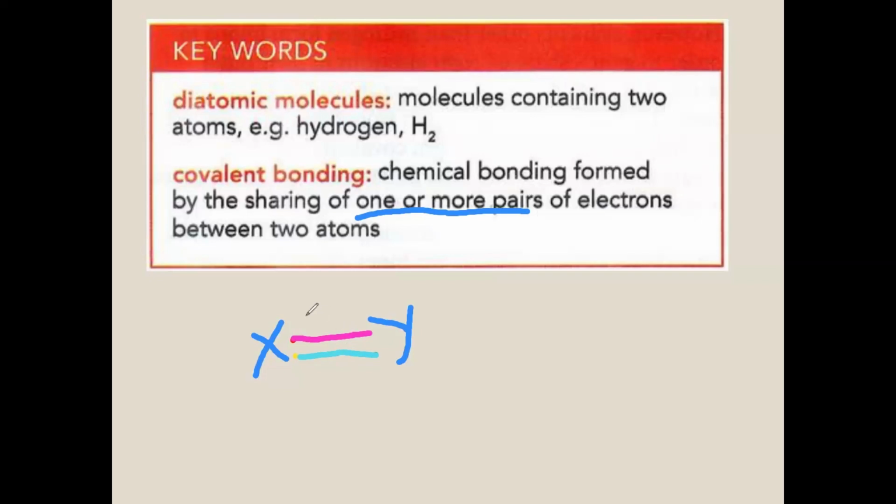So in that case, every atom needs two electrons, so we have two pairs of electrons, and every two electrons will form a bond. This is called a double bond. Sometimes there is a need to share three pairs of electrons, and that case will be a triple bond.